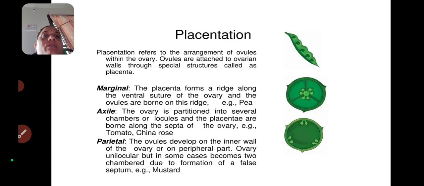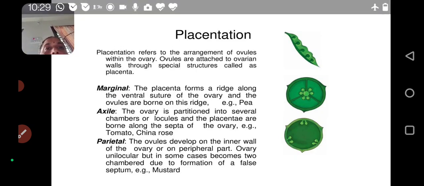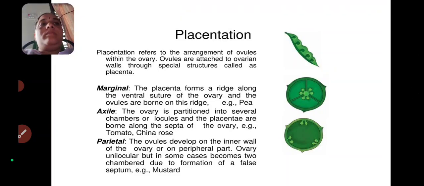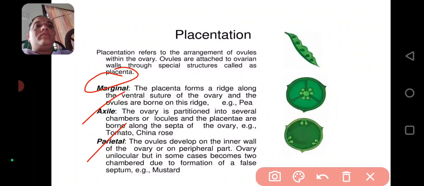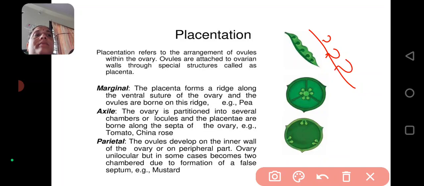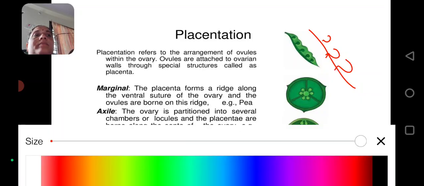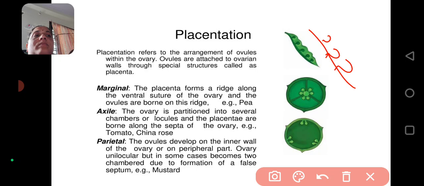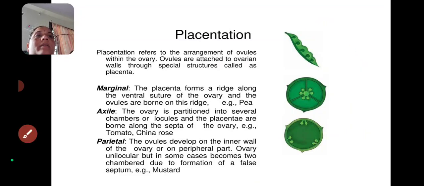The placenta forms a ridge, and on the ridge the ovules are arranged like this.